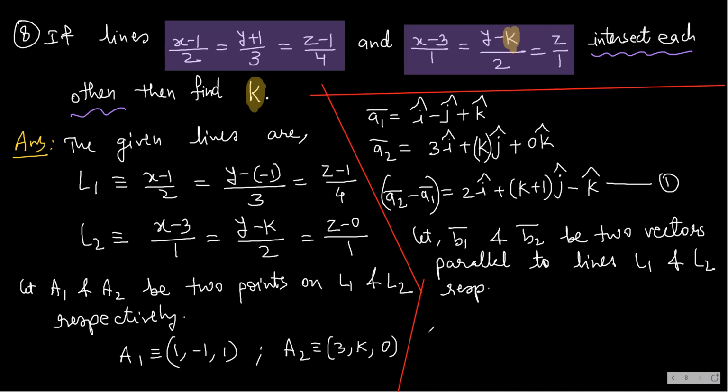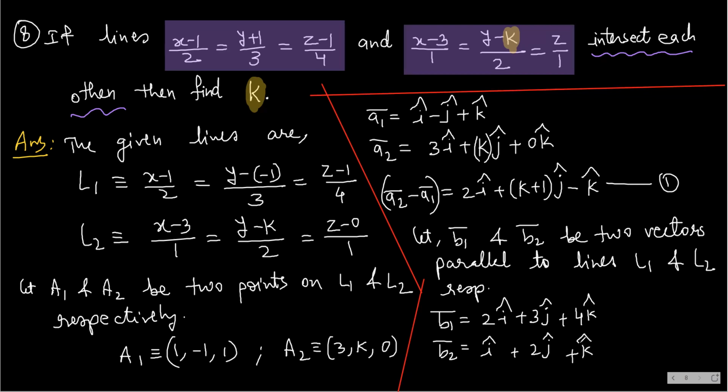So what we will have? Therefore B1 bar is 2i cap plus 3j cap plus 4k cap, and B2 bar will be i cap plus 2j cap plus k cap.